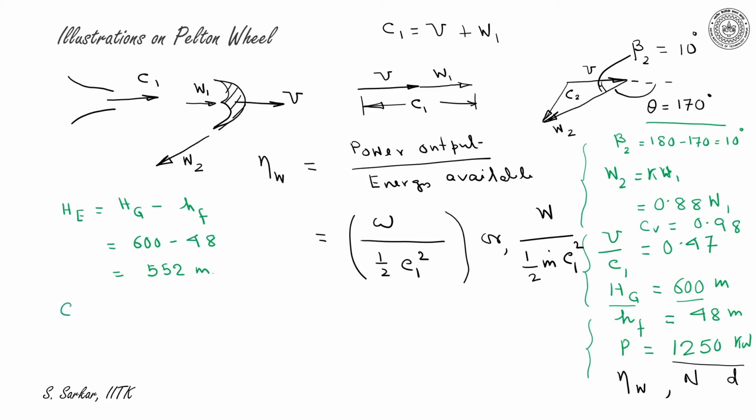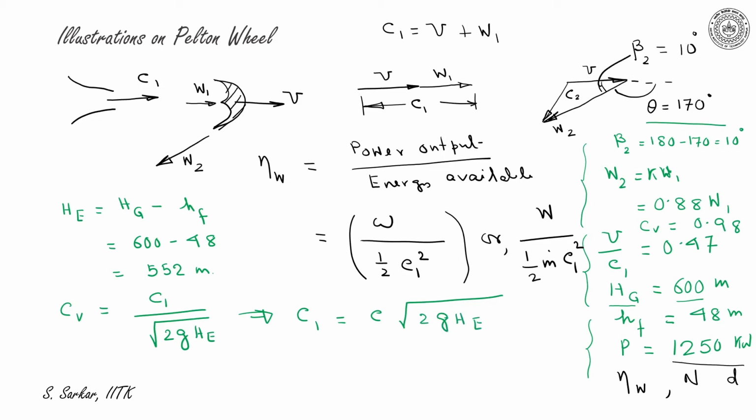Now I can define CV, that is the coefficient of velocity, as C1 by root over twice G into HE. Thus from here I can write C1 is equal to CV into root over twice G into HE.